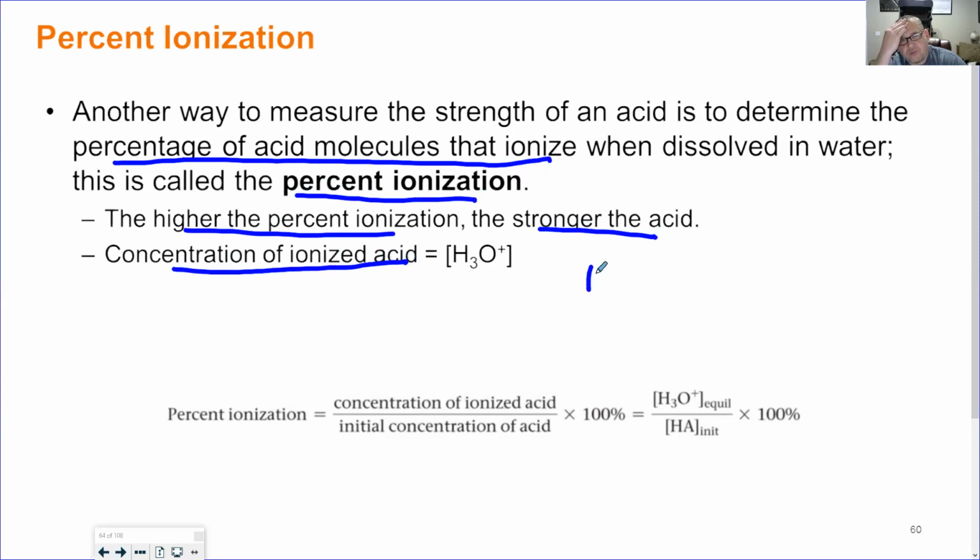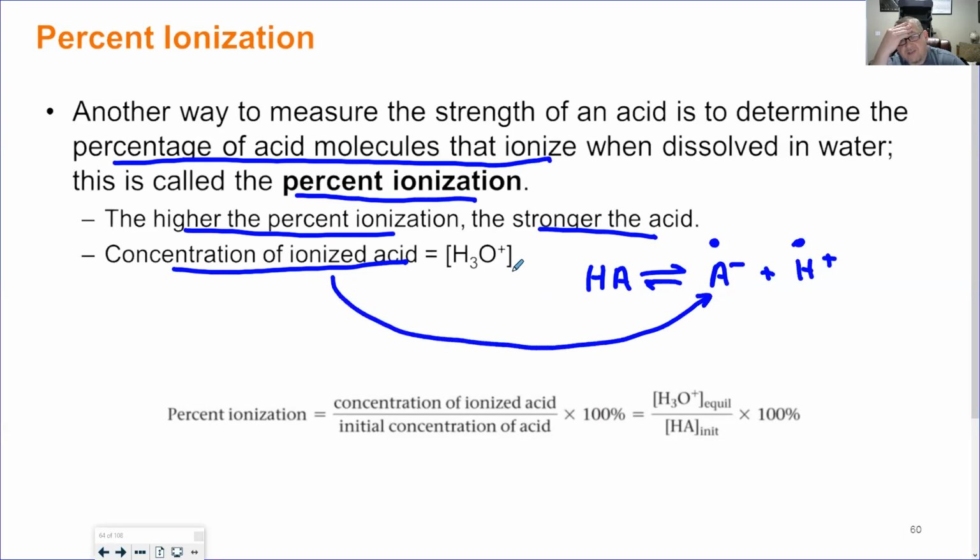So if we look at a weak acid, it dissociates to the ionized form of the acid plus the H plus. If this is the major contribution to pH and water's not playing a factor, you don't get one of these guys without forming one of these guys. So this is the ionized form of the acid, and this represents the hydronium ion, H3O plus.